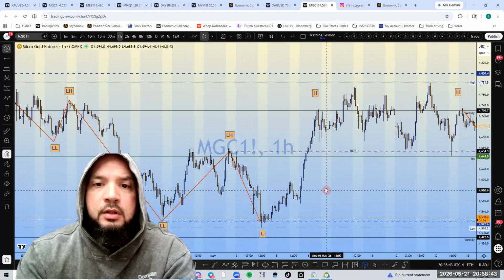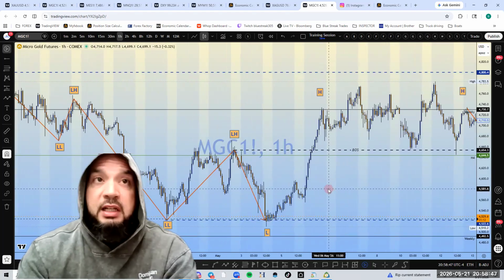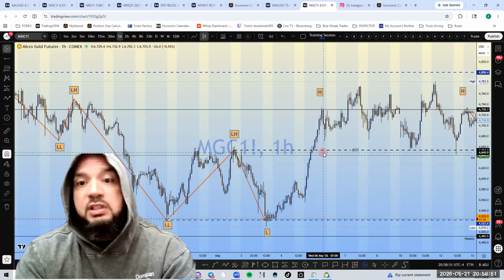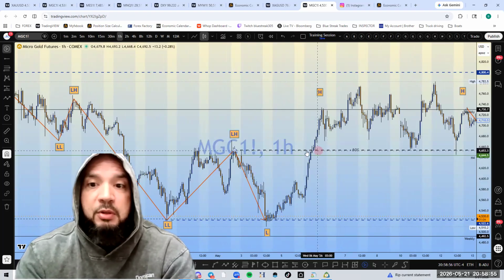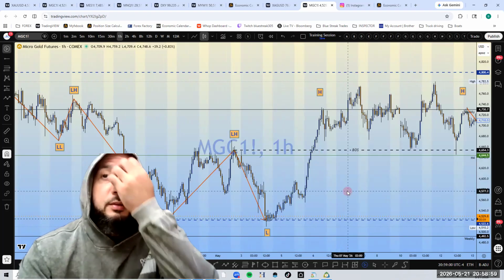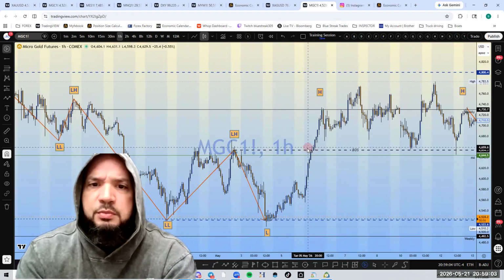It might be a tipping point. If it just creates a high and continues down, that just means it's resistance. It doesn't mean that the market's changing. It just means that it came up, created the high, and found resistance again. So just be wary of that point. Be careful at these points.